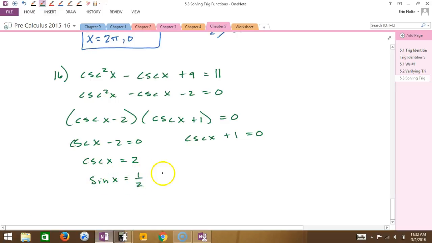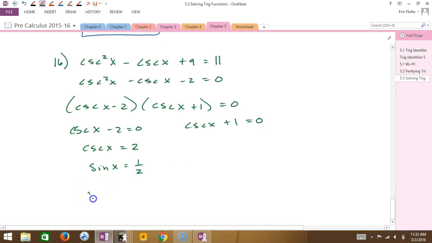Good. So where on the unit circle is the y value 1/2? 5/6. Good. Plus or minus, no, wait. Nope, no plus or minus, because I just talked about that. Then on my second equation, I'm going to subtract 1.